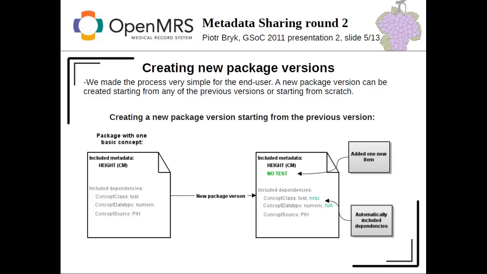Here I've got a diagram illustrating how it works. On the left there is a sample base package from which we are creating a new version. On the right, there is a new version that in my example includes a new concept.